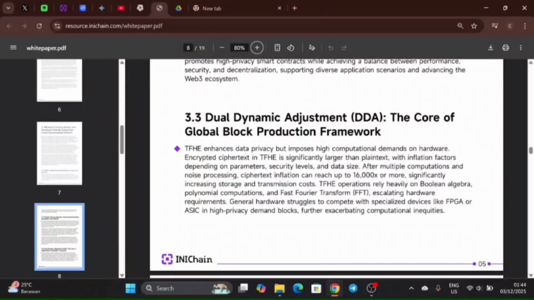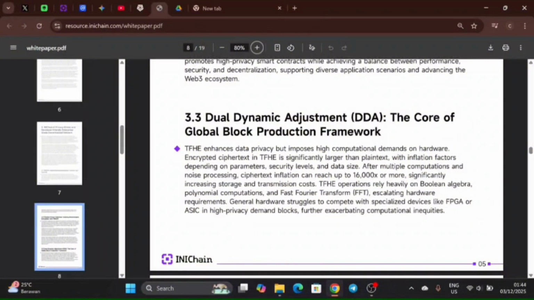Depending on the parameters, security level, and data size, after multiple computations and noise processing, ciphertext inflation can reach up to 6,000 to 16,000 times or more, significantly increasing storage and transmission costs.